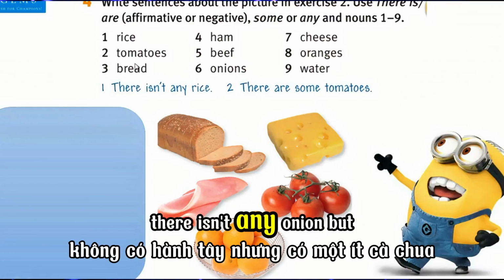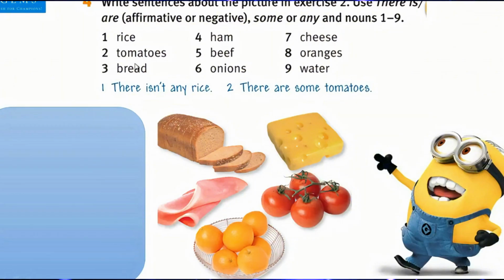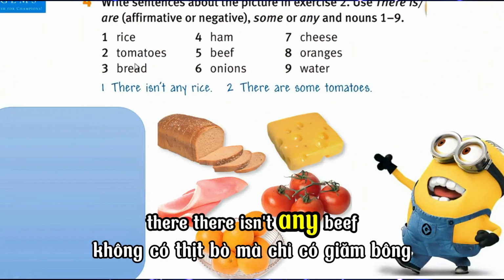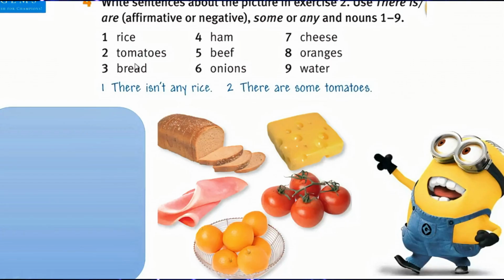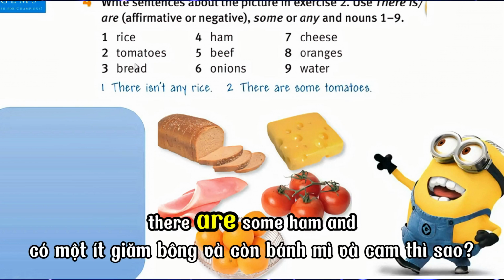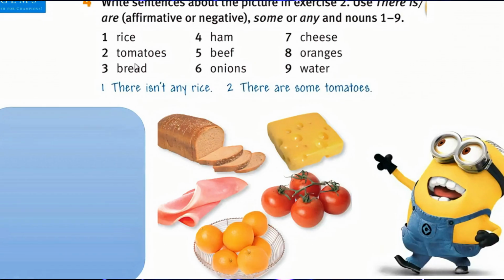There isn't any onion, but there are some tomatoes. Okay. There isn't any beef. There are some ham. There are some ham. And what about the bread? And oranges?